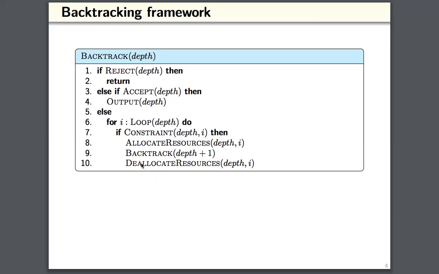Now let's try to analyze what's happening. Backtrack is the algorithm, and you have something called depth. When you run this backtrack function, you are going to touch every node in this recursion tree.